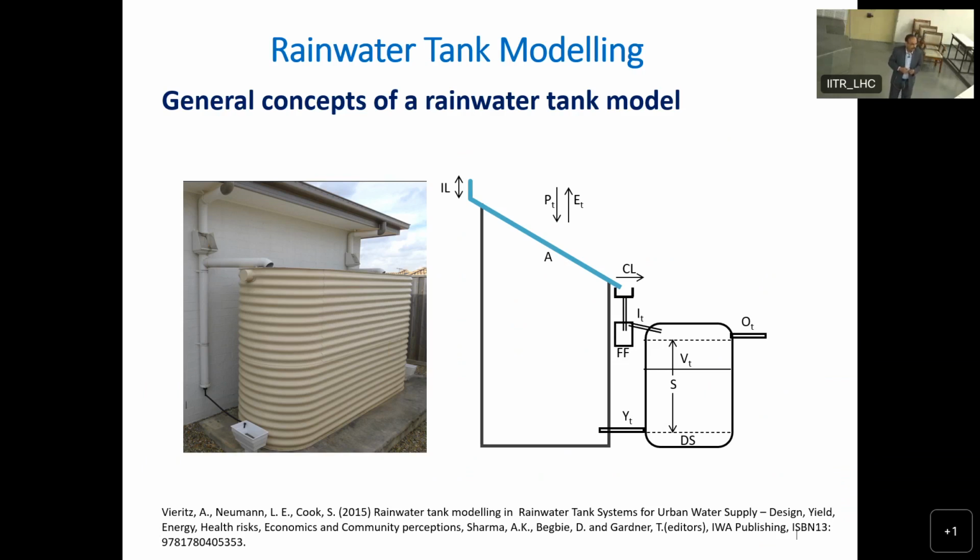So in this case, it doesn't require a filter. In this case, the filter is needed, filtration before sending it to the home. You have a first flush device, and then you can also have a leaf collection screen on the top where the water is entering.